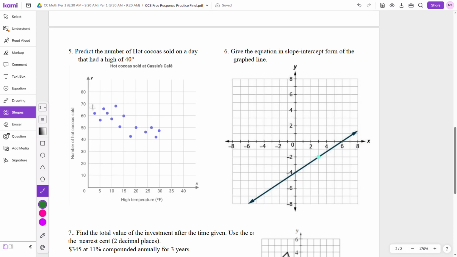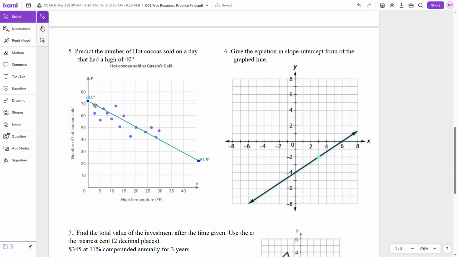And I think that's about right, don't you think? Something like that. I think that's close enough. That's good enough. Okay, so there's my line of best fit.